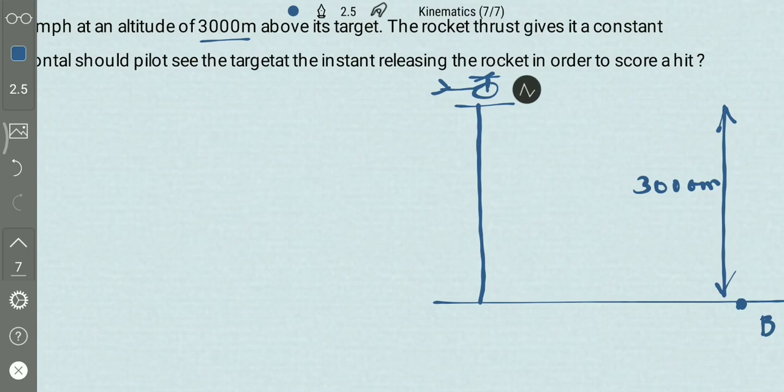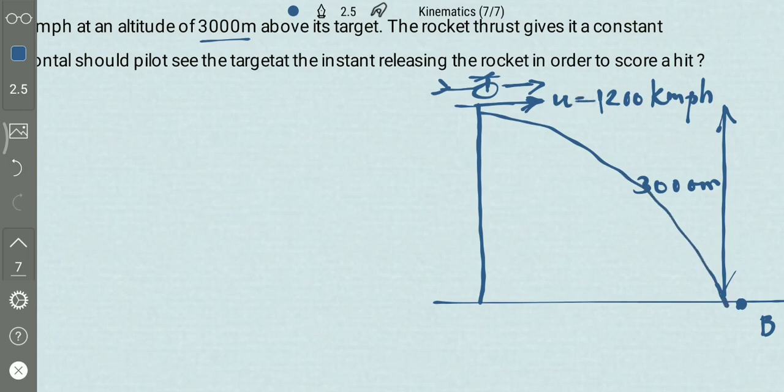And if the rocket is projected horizontally, actually it is just dropped, but it has a velocity u equal to 1200 kilometers per hour, and it travels in a trajectory path like this.